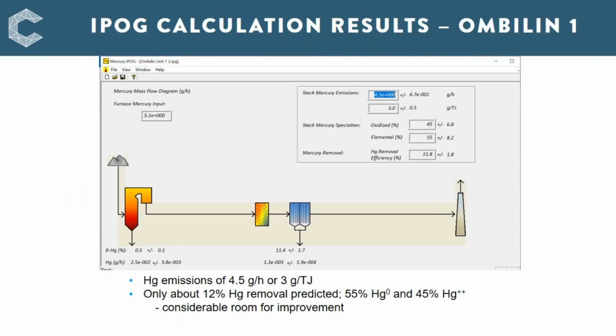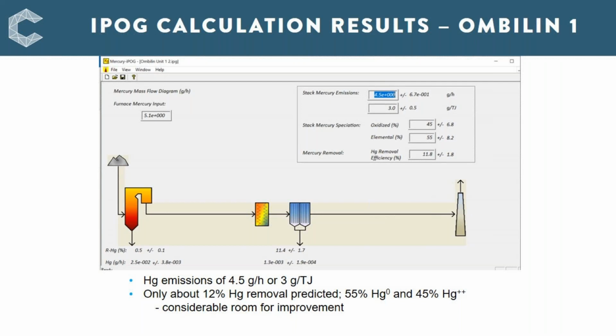So iPOG predicts for this unit only about 12% removal, which is actually not too bad for ESP only. You recall Soralaya was about 3.5. What is interesting is that the speciation of mercury is a little bit different here.